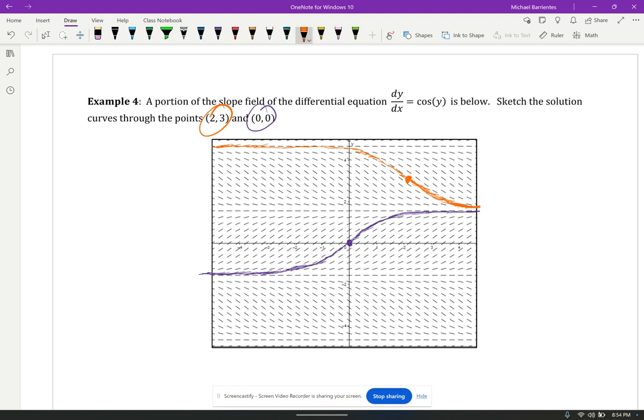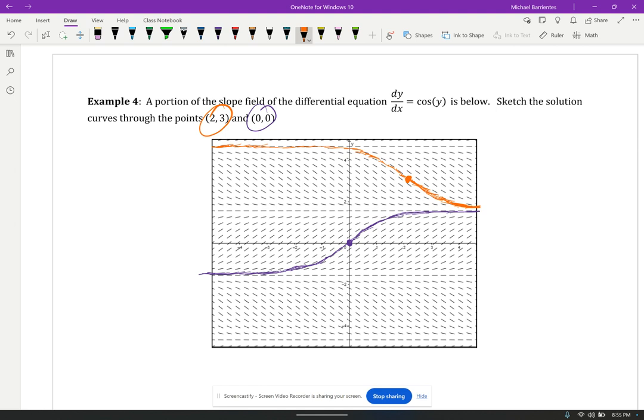The solution curve to the differential equation dy/dx equals cosine y that goes through the point 2, 3 is this orange curve. You're using these little lines to guide your graph. This is the original graph. The derivative of this original graph is cosine of y. That's what was given to us.